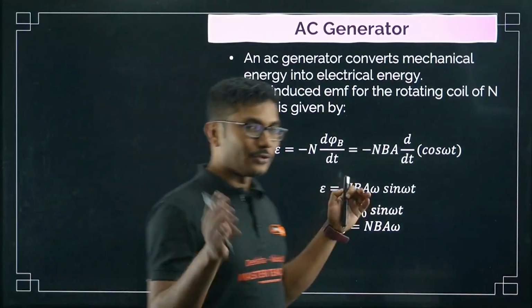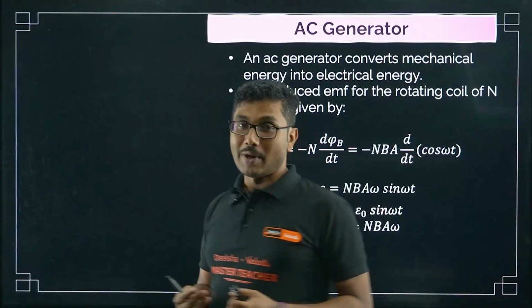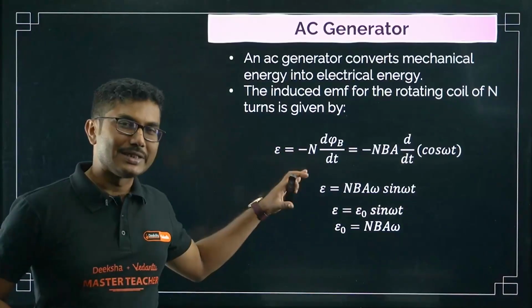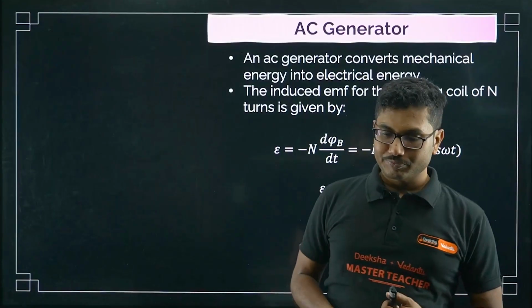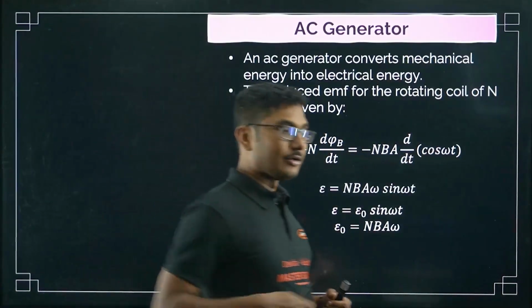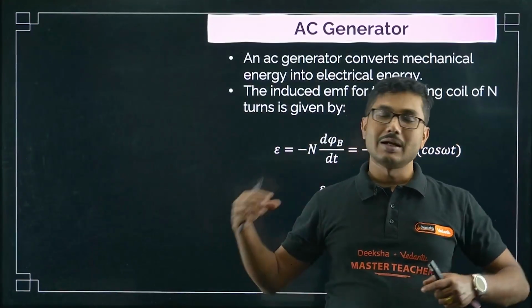Even though the AC generators producing current in the power station are more complex than whatever we are going to study, this is the basic fundamental principle to produce current. Now how it is working, it is basically related to a propeller which is connected to a circuit.